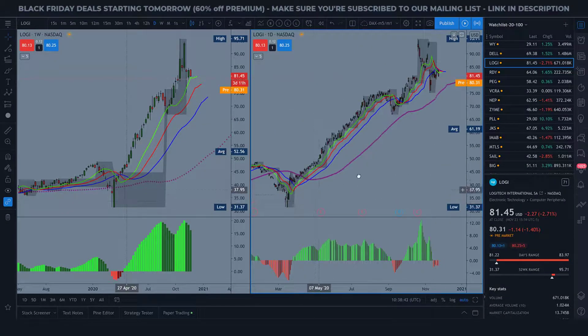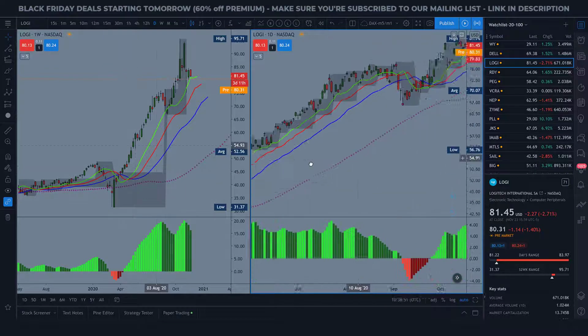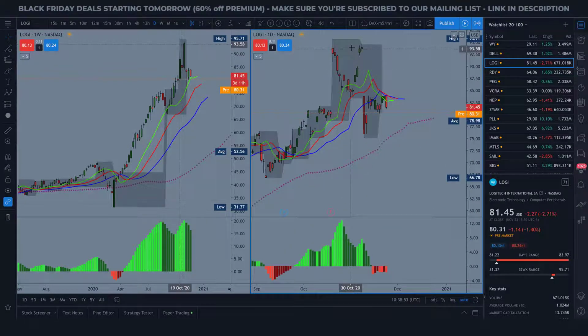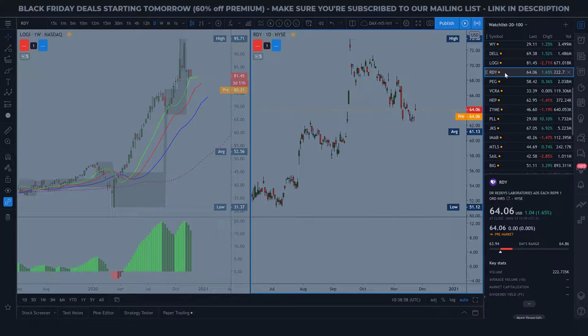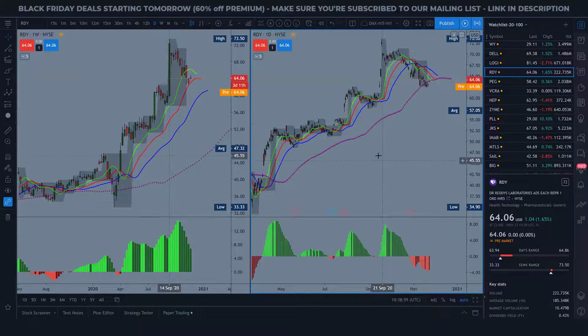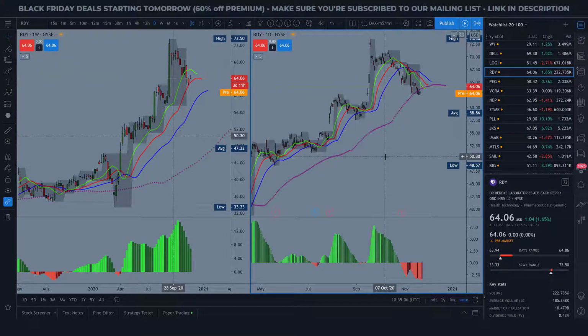Look where they went from. This year, from 31 to 90, they tripled, man. 300%. I love Logitech products. They've got awesome support too. Yeah, they're okay. Good products.